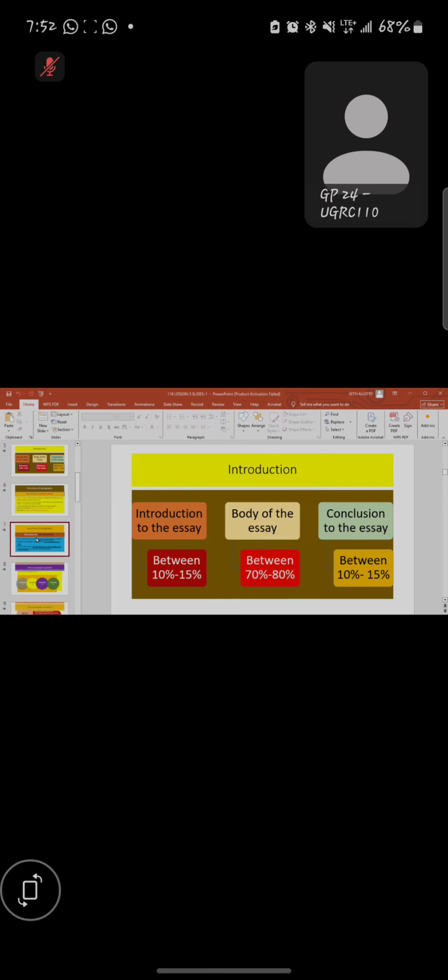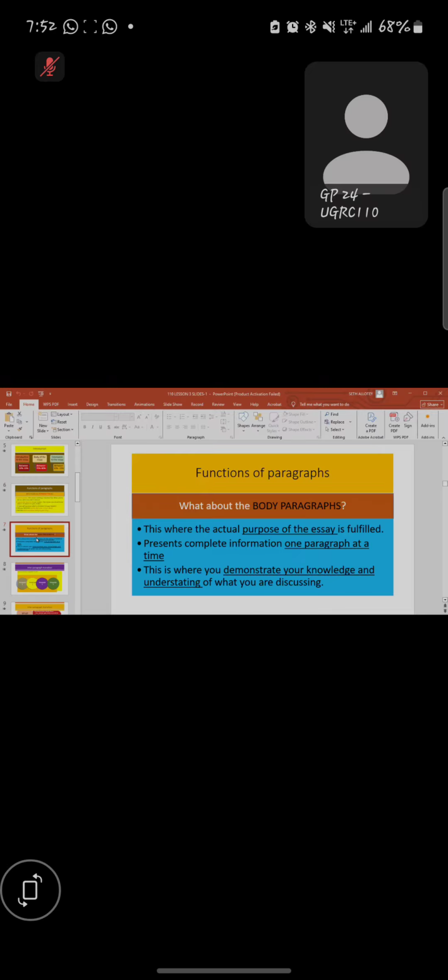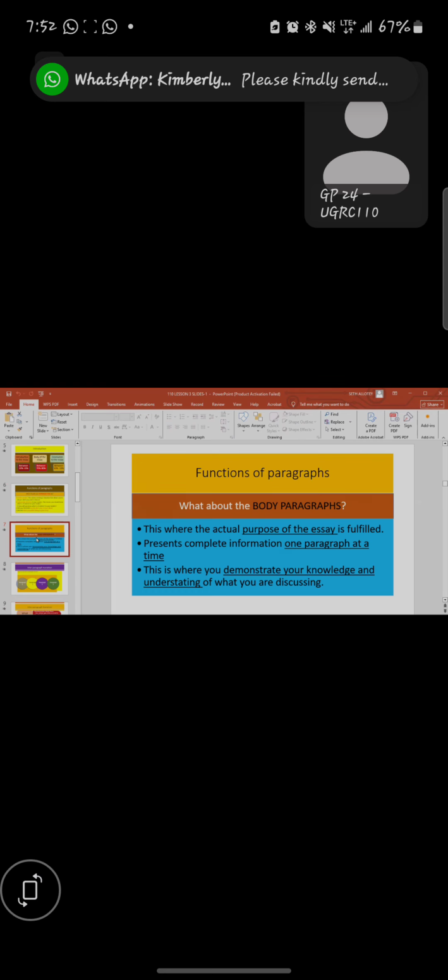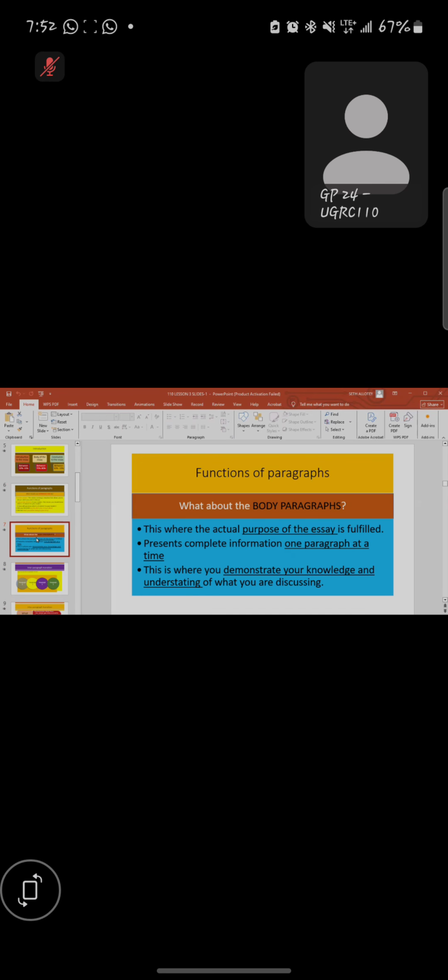Right. Let's move to the middle part, or the middle element, or the middle form of the essay. That is the body paragraphs. The body paragraphs. This is really the action room, the factory, where the actual purpose of the essay is carried out.